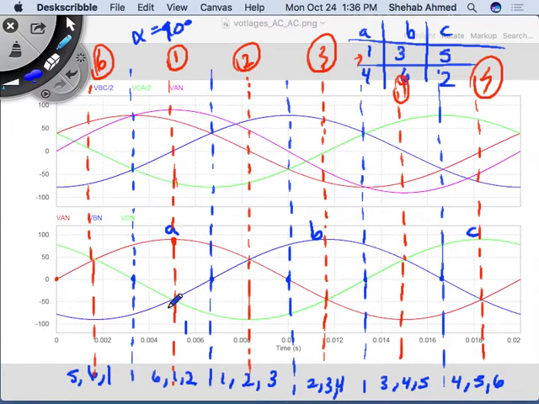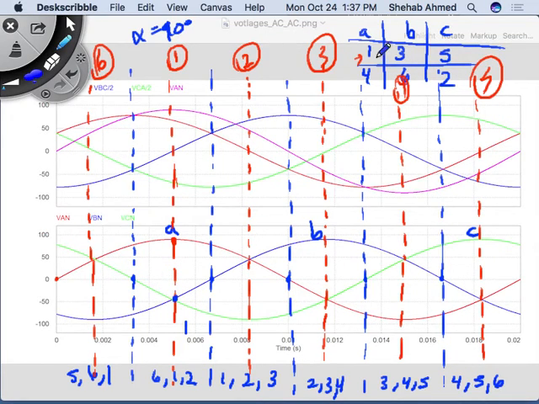Phase B is here. So does it make sense that current can go from a higher voltage to a lower voltage? If I have thyristor 1 on, the current can go back through phase B, because phase B is a lower voltage and device 6 was on.